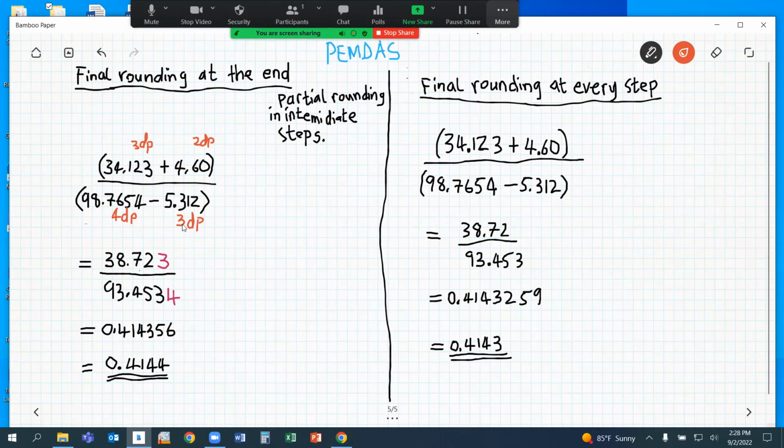But we write it up to 3 decimal places, which will be 93.453. The digit in our calculator that comes after 3 is 4. So we include that 4 to make the denominator more accurate. However, our significant figures will only end at the 3rd decimal place.